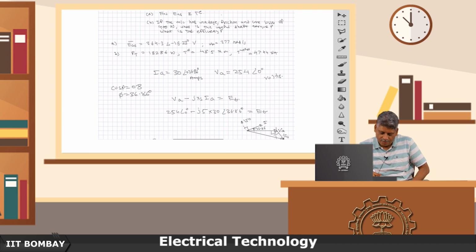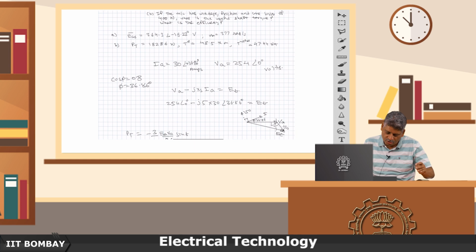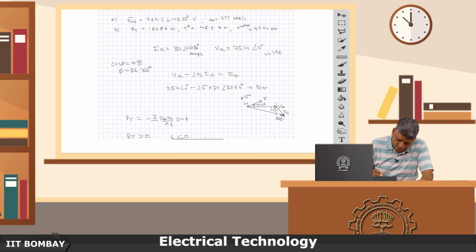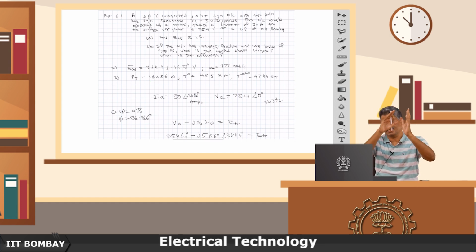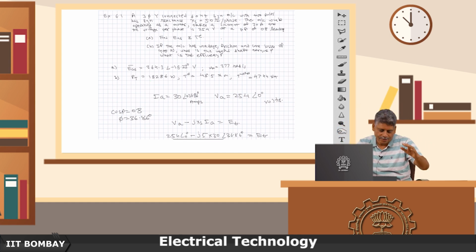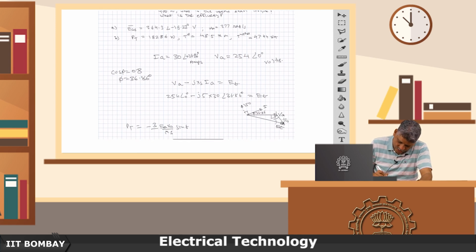So therefore now once you have got the delta, you know EA, you know VA, you know delta, you know XS, substitute these in this equation. You will get the power transferred at the electromechanical level as 18286 watts.